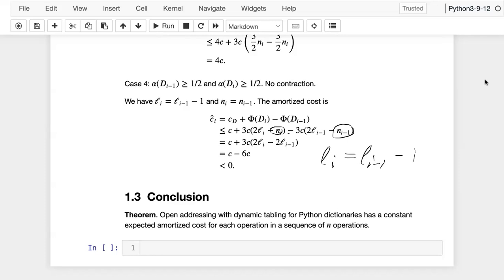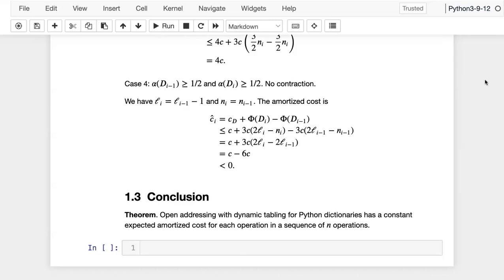So for this part, it's canceled. So we got this part, which is 2 times 3 times C, so that's 6C. So it's actually negative 6C. So then this is less than 0. Again, the amortized cost is less than 0 in this case, which is bounded above by a constant.